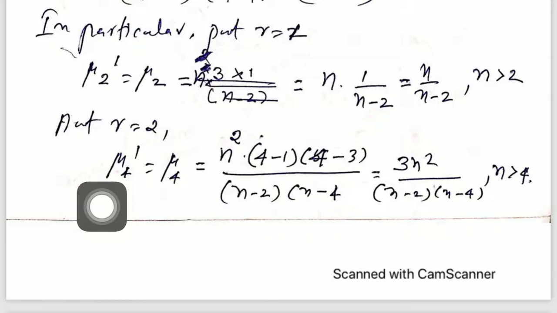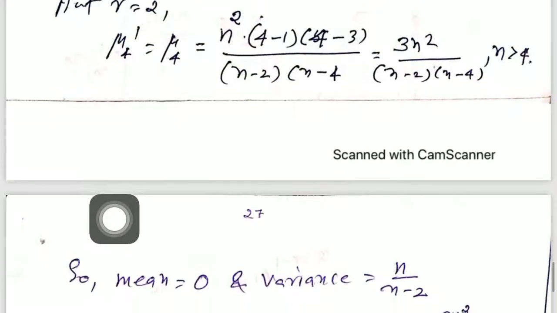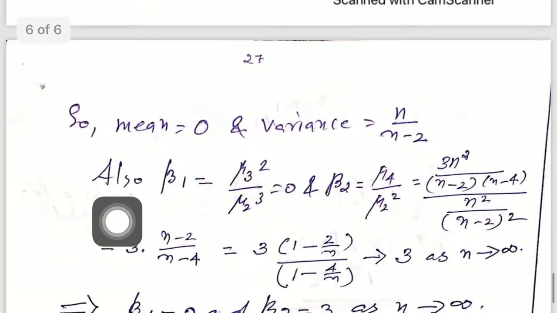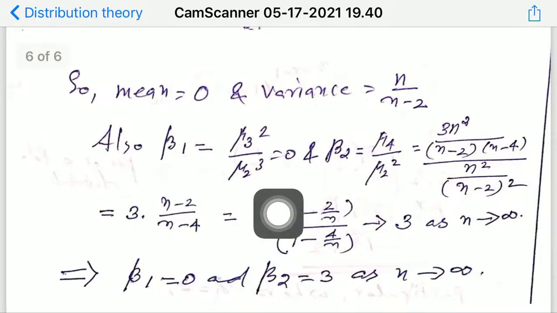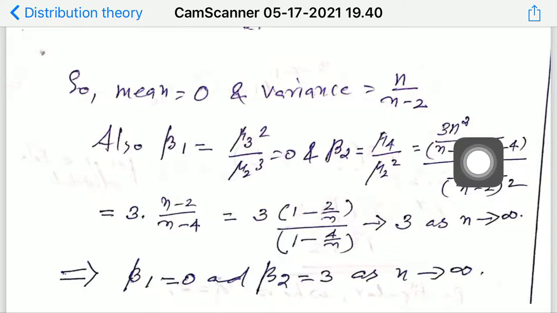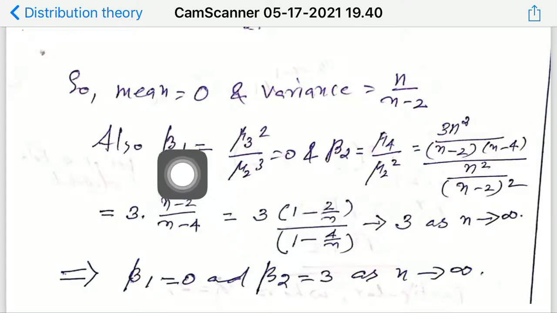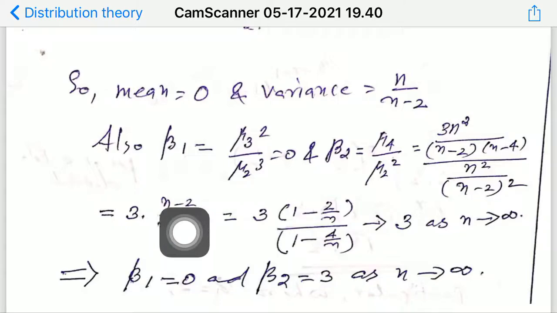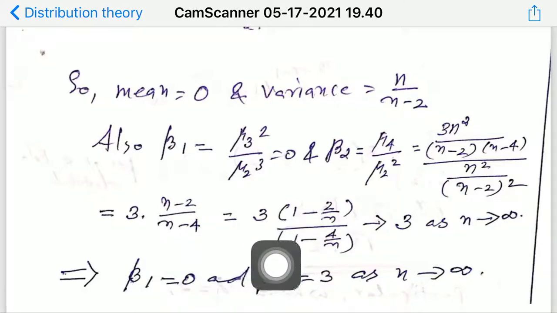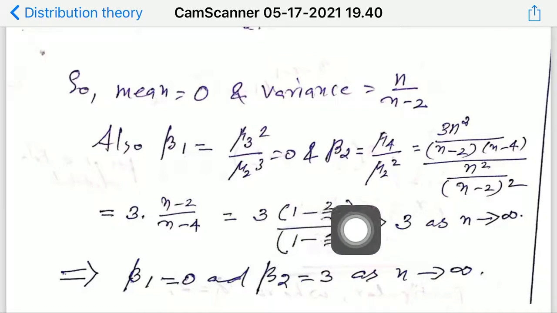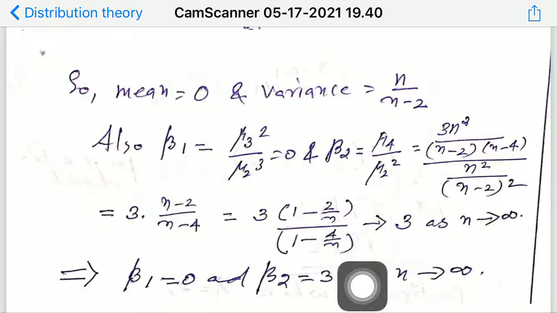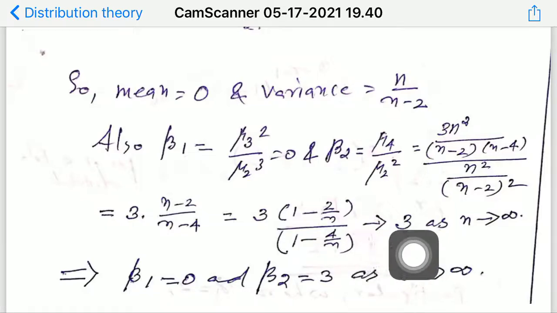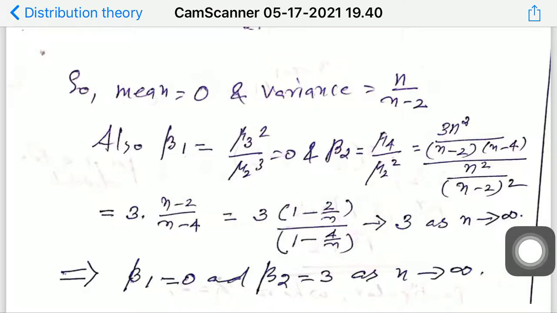So using this, you can find the raw moments, and you can find the central moments, and you will see that beta 2 is equal to 3 into n minus 2 divided by n minus 4, and that is equal to 3 into 1 minus 2 by n divided by 1 minus 4 by n, and you will see that this tends to 3 as n tends to infinity.